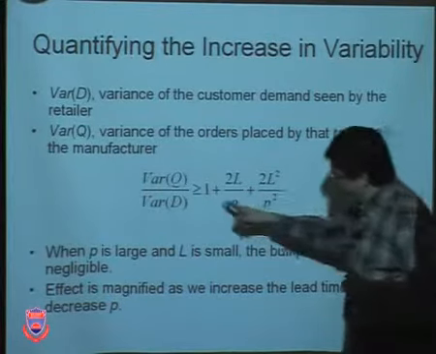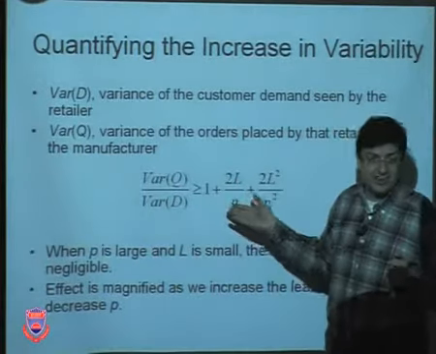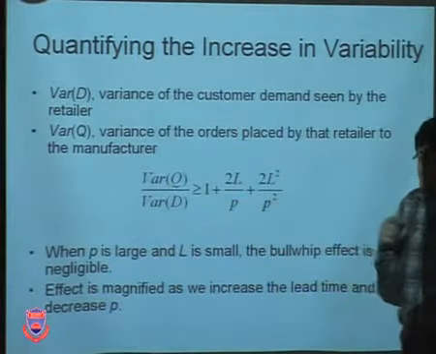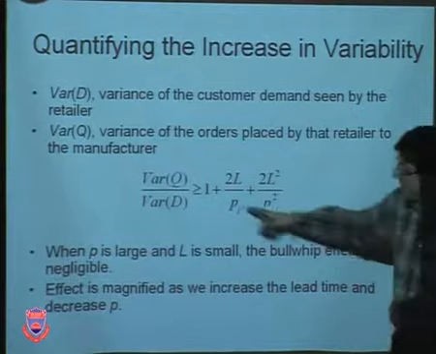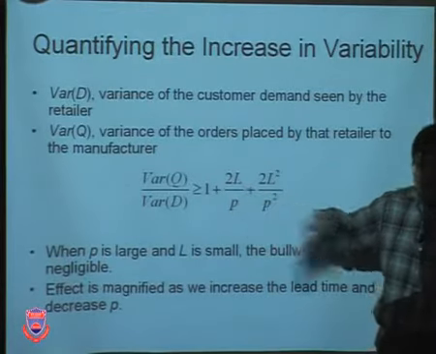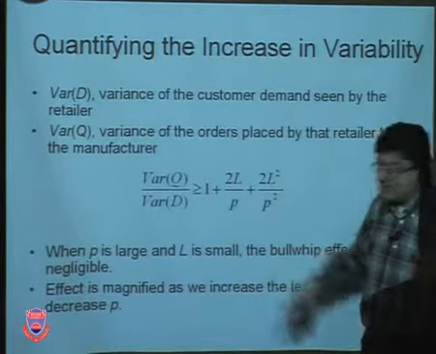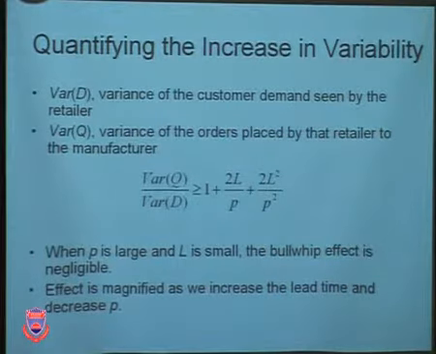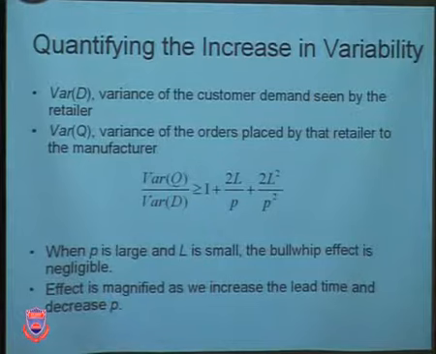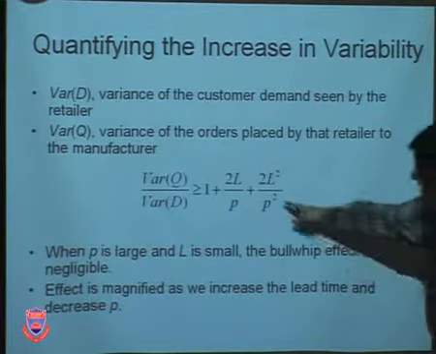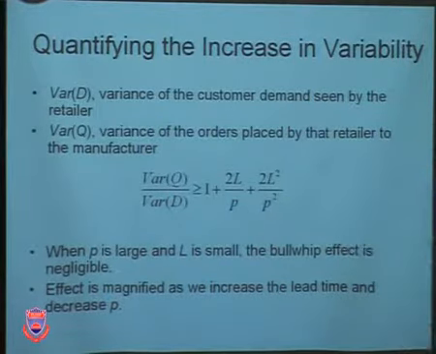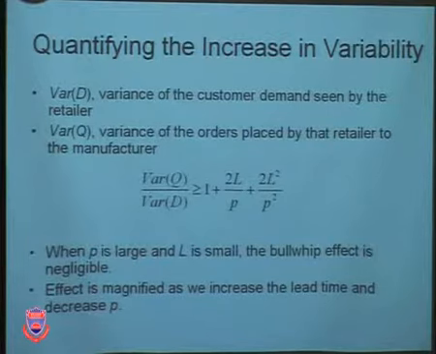Of course, we expect this number to be larger than 1. It's always larger than 1, but it can be equal to 1 under perfect conditions. But it turns out that in these circumstances, this ratio is shown in that paper to be larger than 1 plus 2L divided by P plus 2L squared divided by P squared.